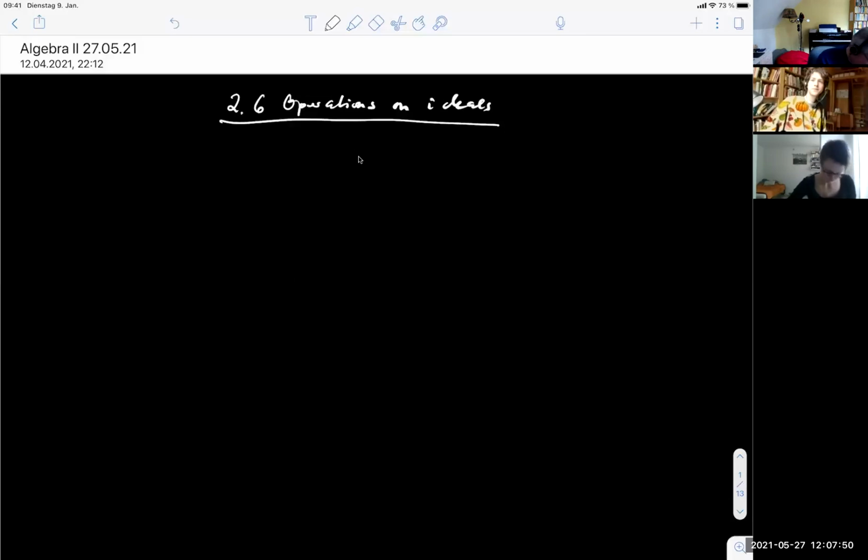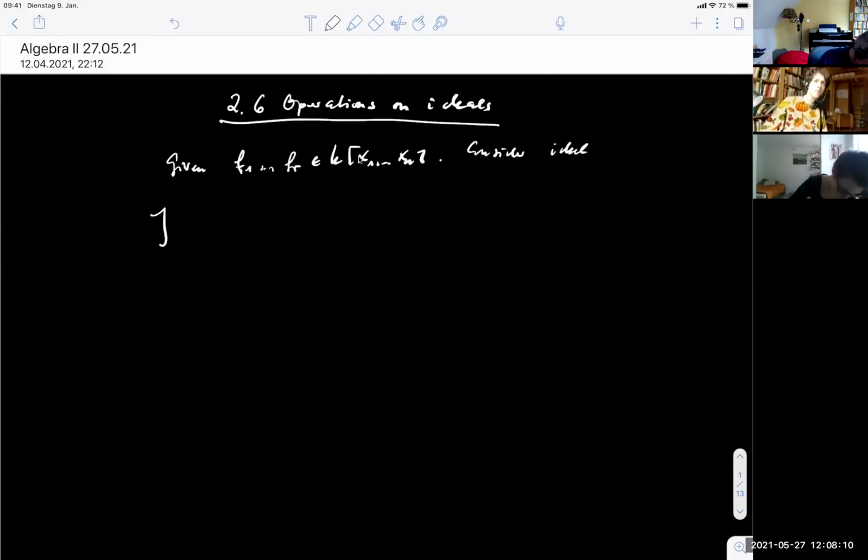So, okay, we are given polynomials f1 up to fr in the polynomial ring in n variables x1 up to xn over the field K. K is any field. Then we look at the following ideal. Let's call it J. So I have r additional variables, y1 up to yr.